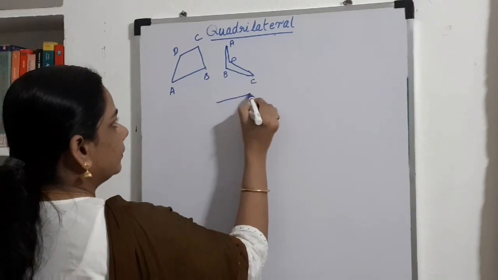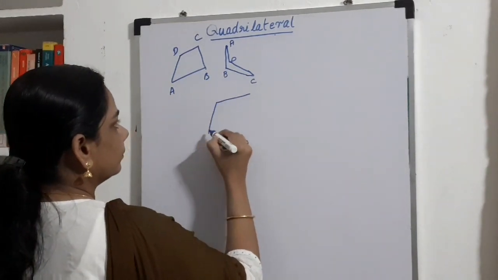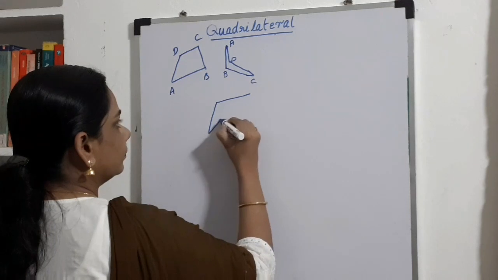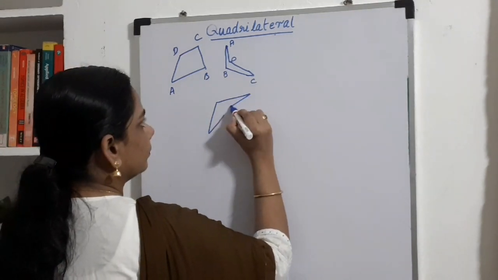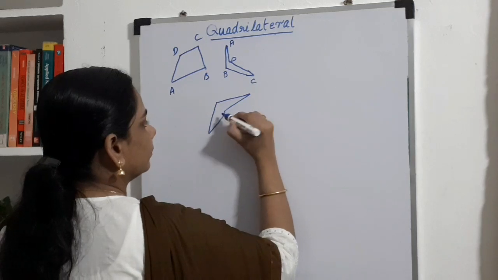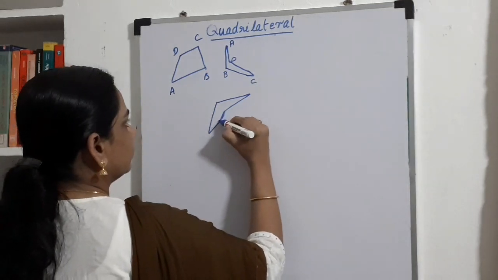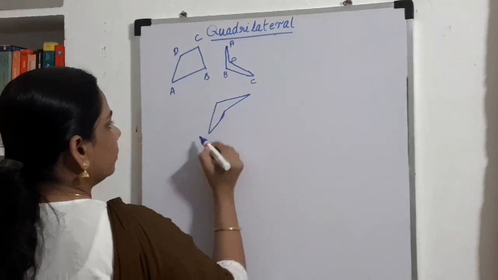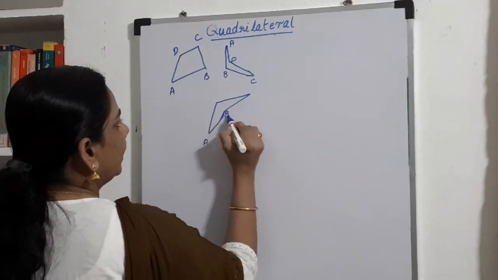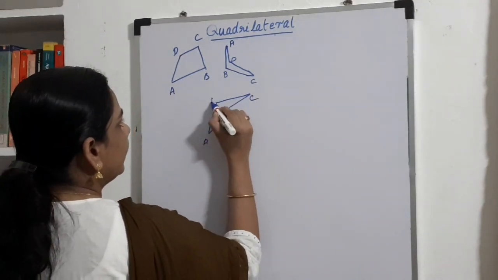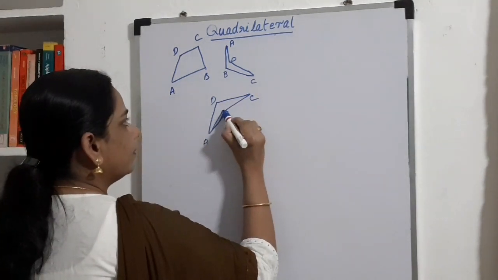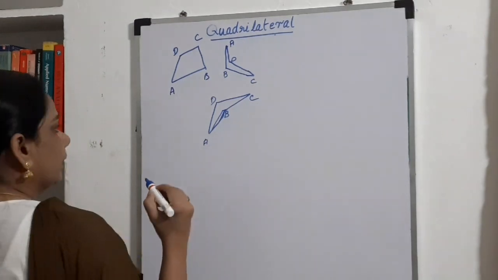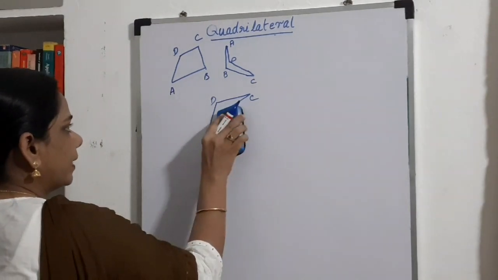Here also A, B, C, D, another quadrilateral. So like this we will get quadrilaterals.